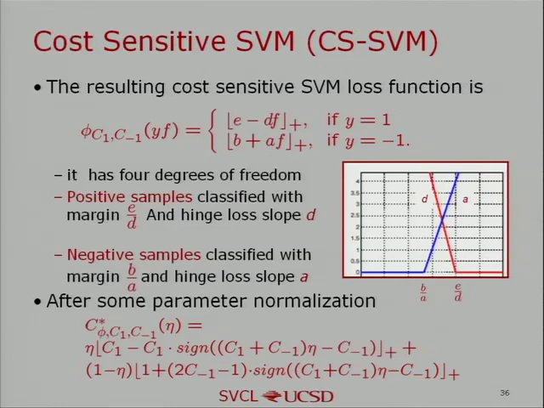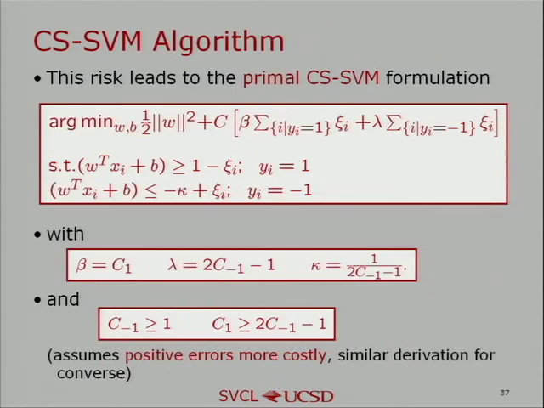After some parameter normalization, you can find C star to be like this. You go through the steps, and now that you have the loss, the risk basically leads to the cost-sensitive SVM primal formulation.